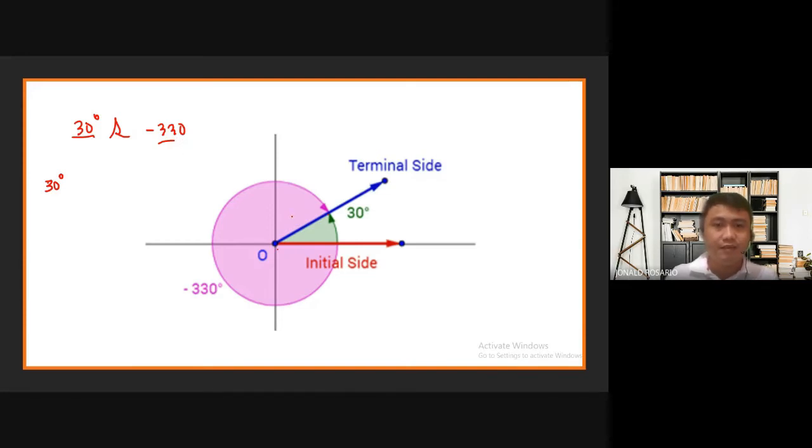So, pwede pa ako magdagdag dito. Paano pag nagdagdag ako ng isa pang coterminal angle? Isang ikot, but this time, counterclockwise. Yan. So, paano ko makukuha yung measurement nito?